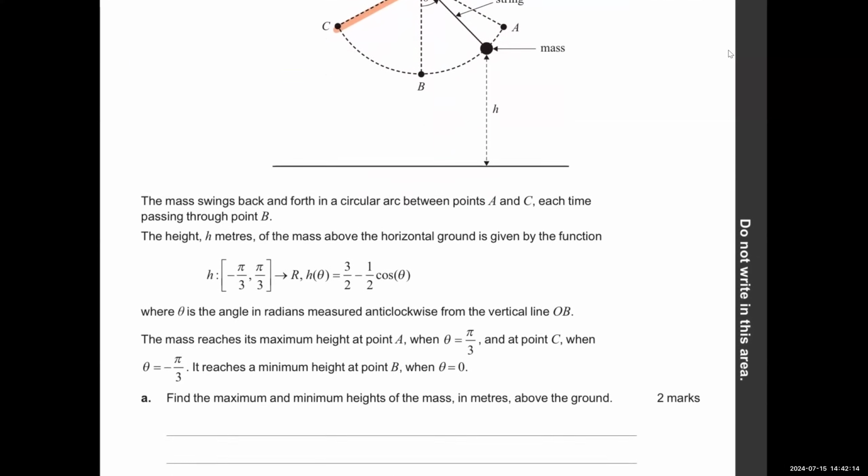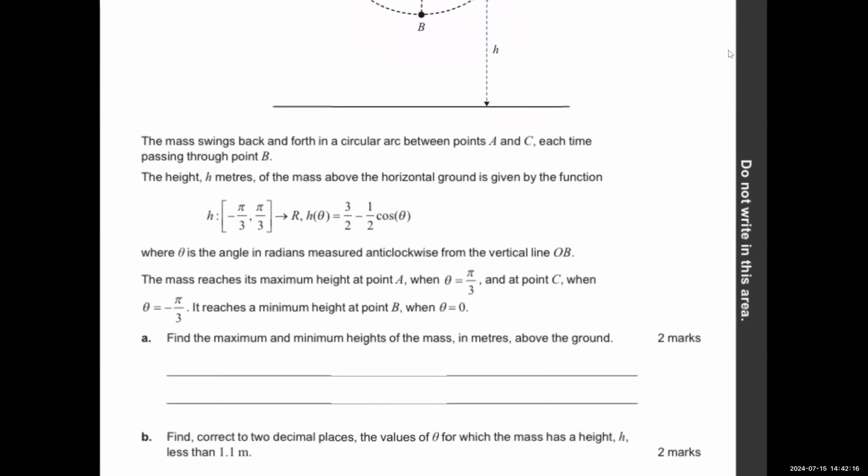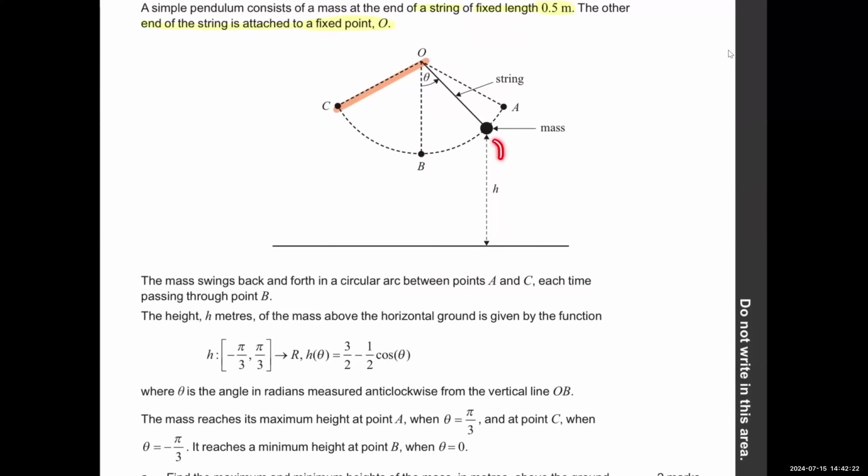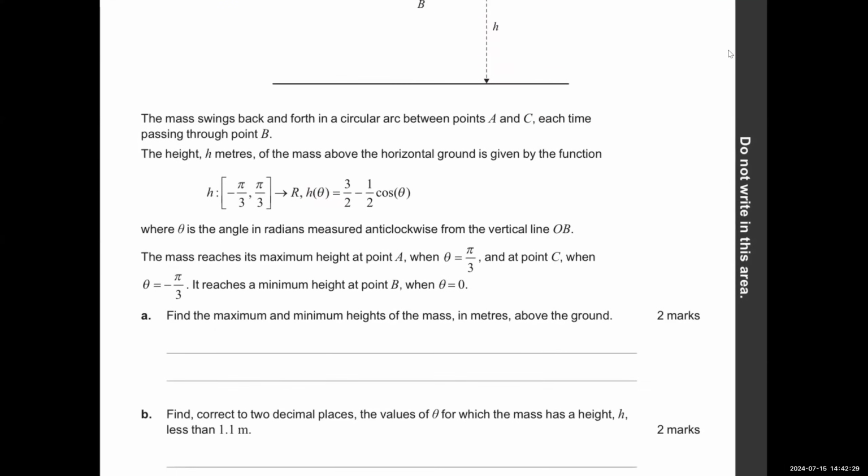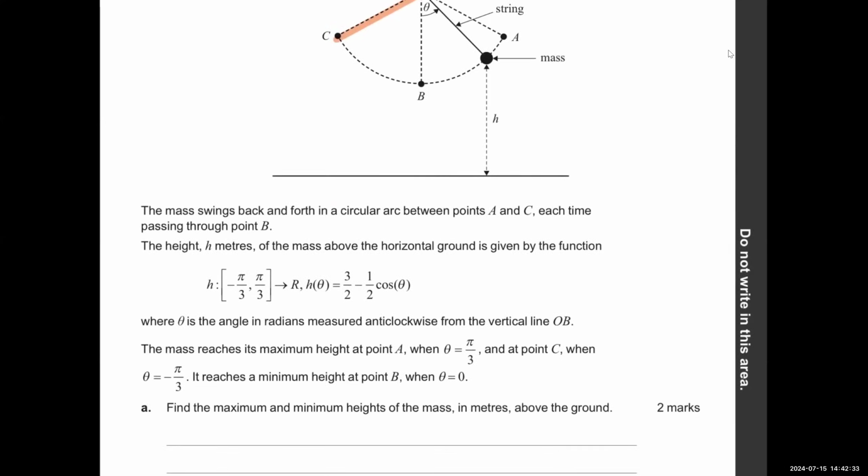The mass swings back and forth in a circular arc between A and C, each time passing through a point B. The height, h, is here, in terms of the angle theta, is given by this function. Theta is in radians, measured anti-clockwise from the vertical line OB.